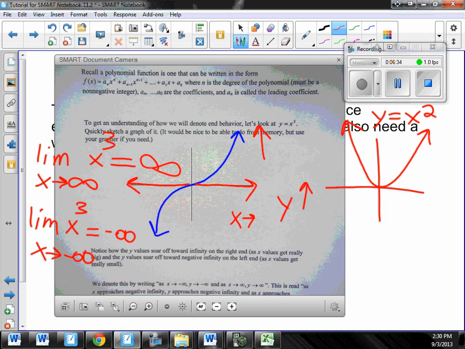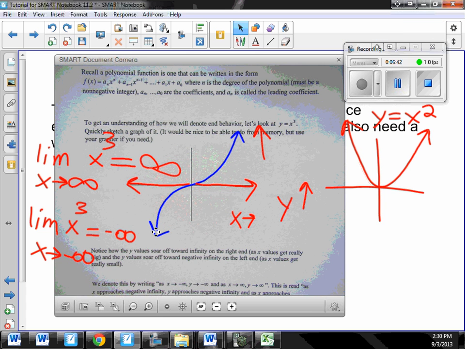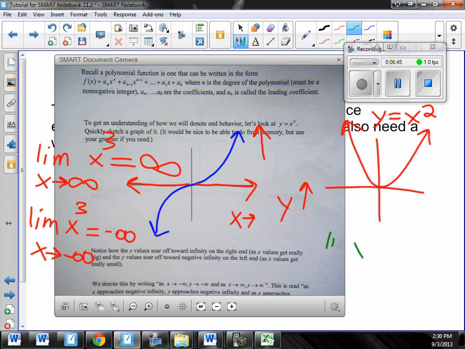Just draw it off to the side somewhere. So, on an x squared graph, the limit of x squared as x approaches infinity is, so in this graph, as I move to the right, where do my y values go toward? Infinity.